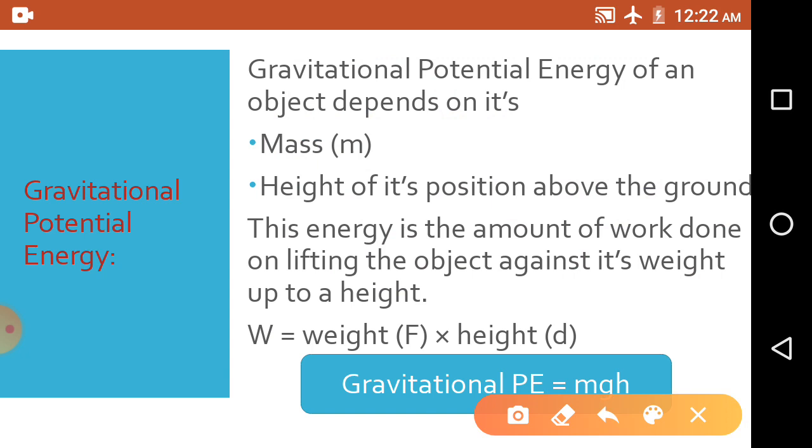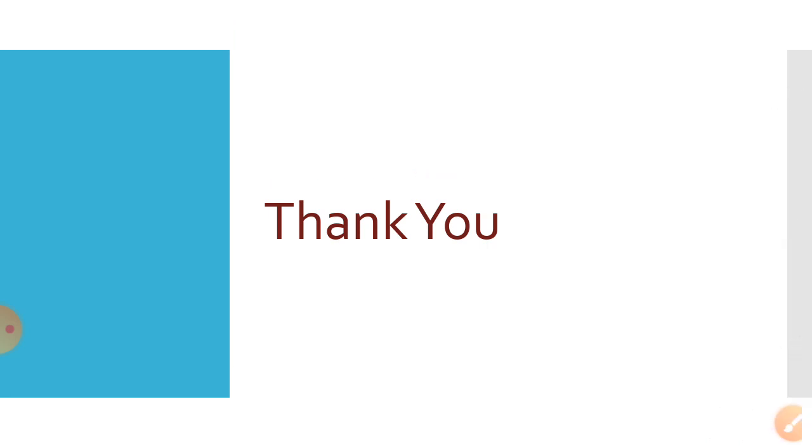The work done is equal to the force, taken as weight, times the displacement, which is the height. So the weight is m into g, and the displacement is h. So the formula we have is gravitational potential energy equal to m into g into h. We can use this relation to solve the numericals here. So thank you class.